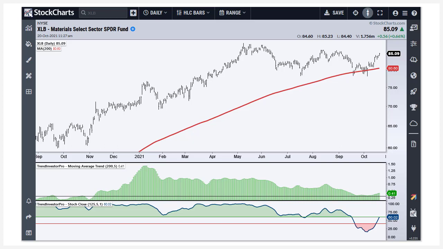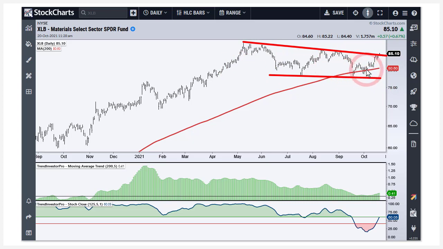higher. I've also noted that lithium is strong, uranium is strong. We're seeing strategic metals showing strength as well, and that is good for the materials sector. And if you look at XLB, it peaked in May along with copper and some of these other ETFs, but it's got this long correction. It's a long falling wedge.